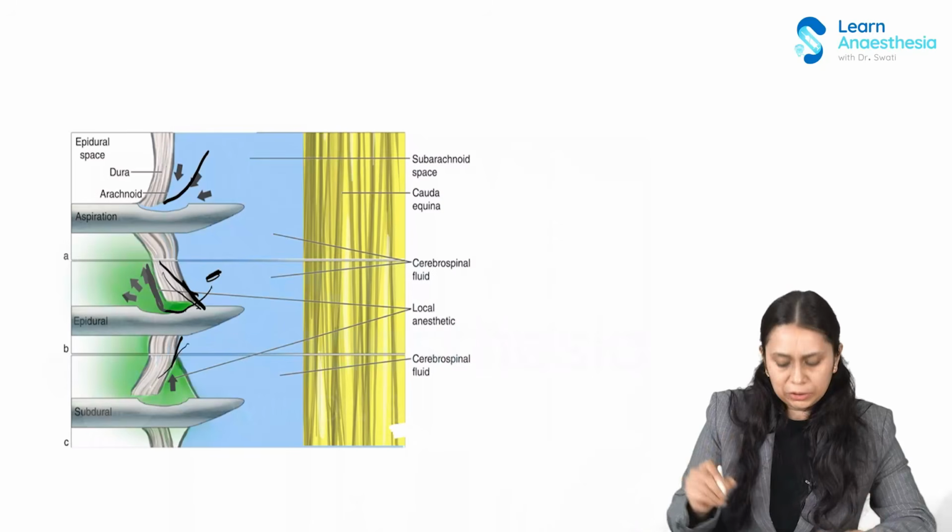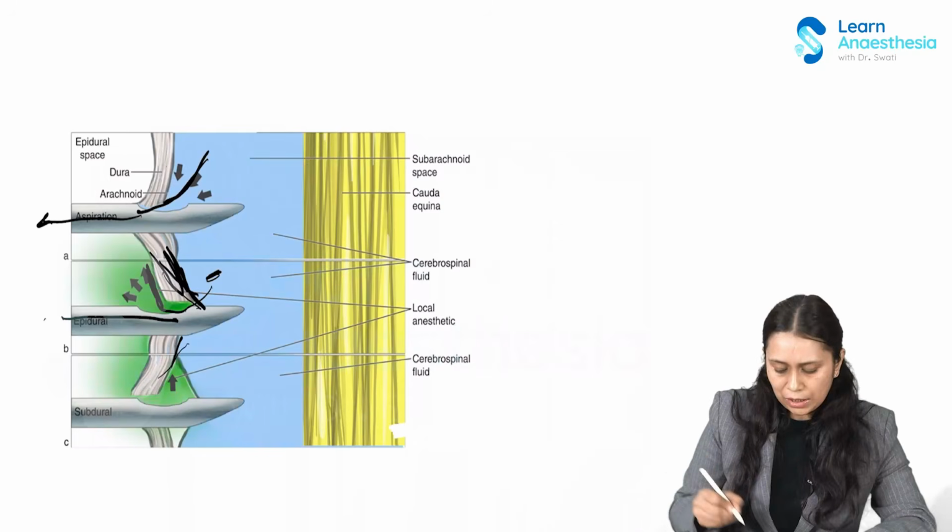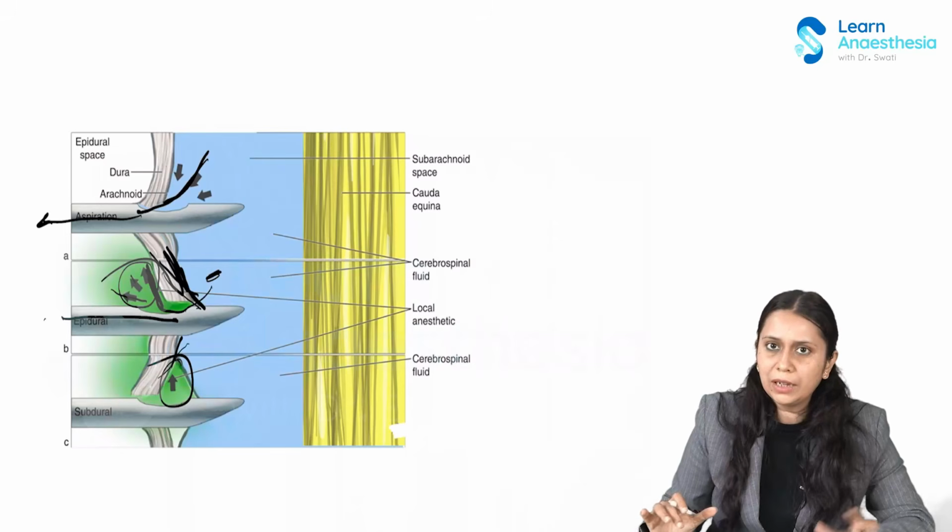The needle is in the subarachnoid space, so the CSF will come when we aspirate. But when I am giving the drug, the meninges act as a valve and do not let the drug reach the subarachnoid space. The drug would be lost in the subdural or epidural space. So loss of drug will again happen.